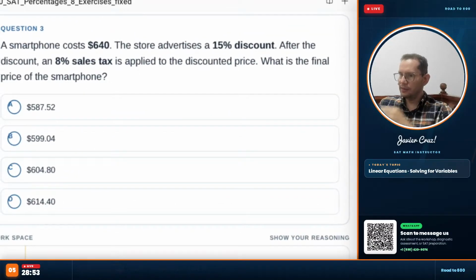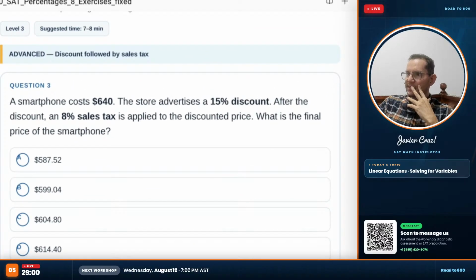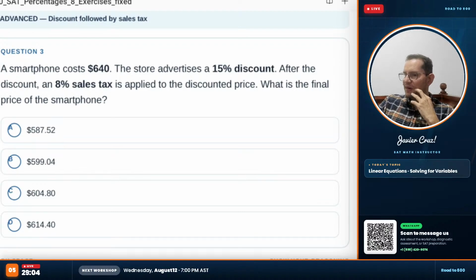let's continue then with the question number 2, which is the advanced. It says a smartphone costs 640. The store advertises a 15% discount.